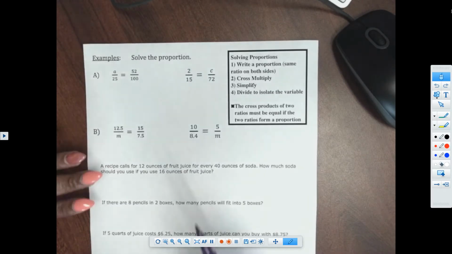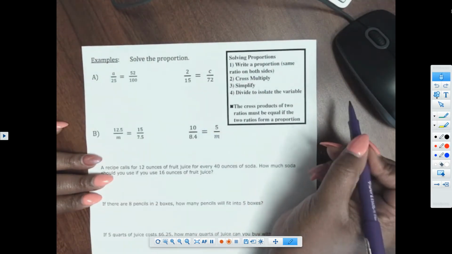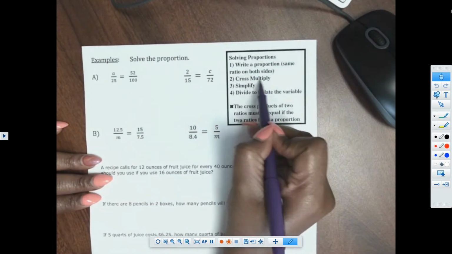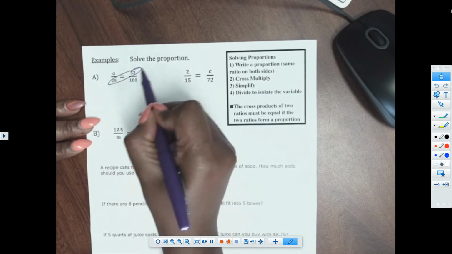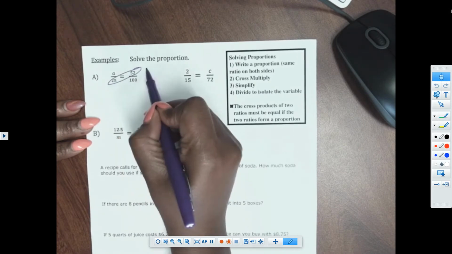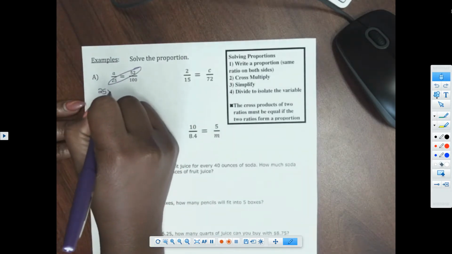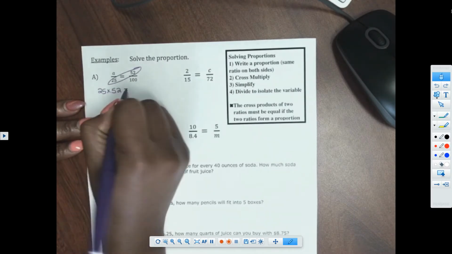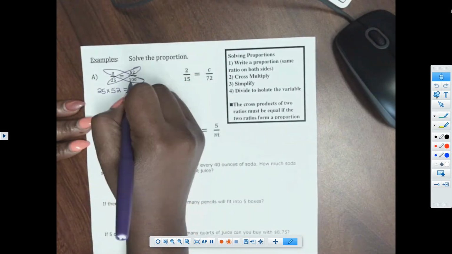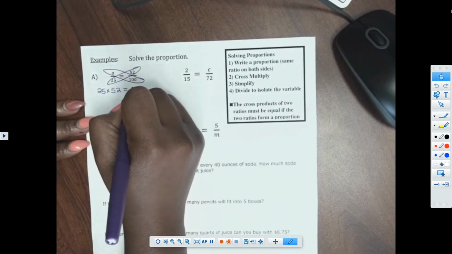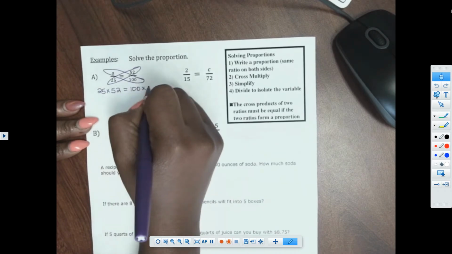Okay, so first, the proportion is already set up when you have basic ones like this, and you cross multiply. I like to cross multiply to the left first. So it would be 25 times 52 equals, and then you cross to the right: 100 times 8.